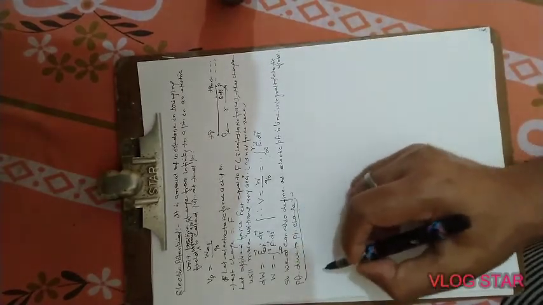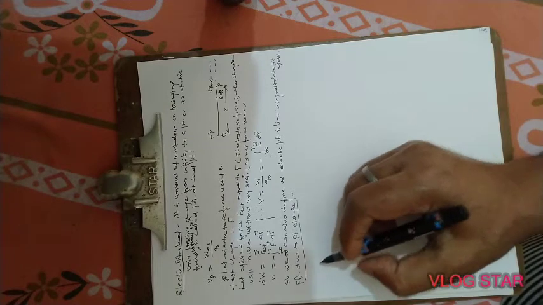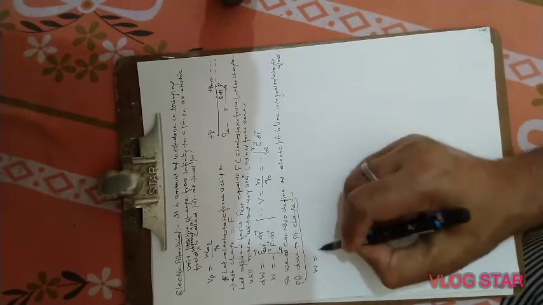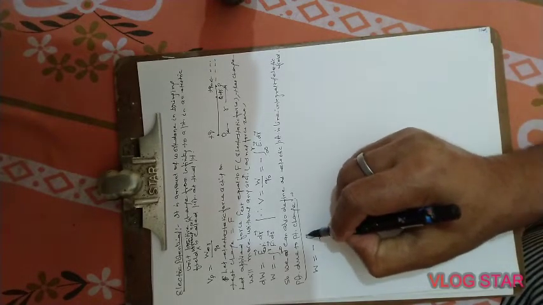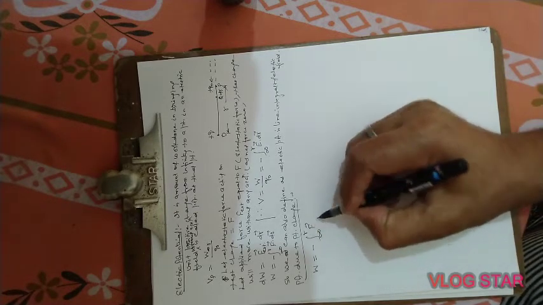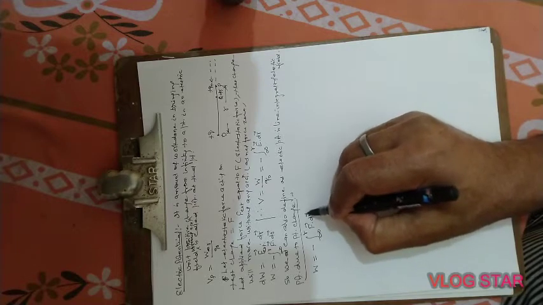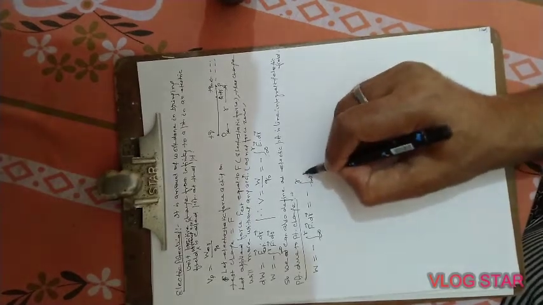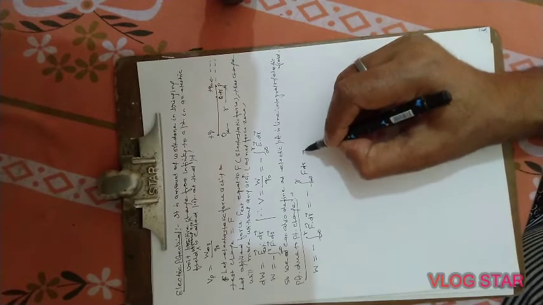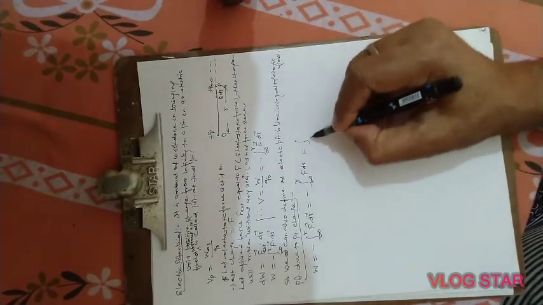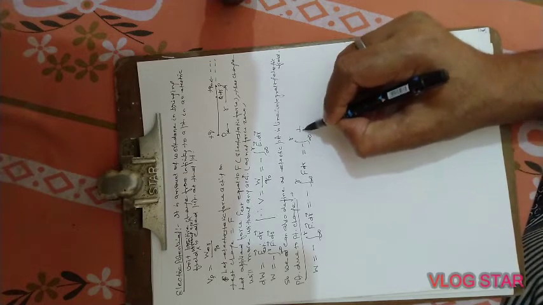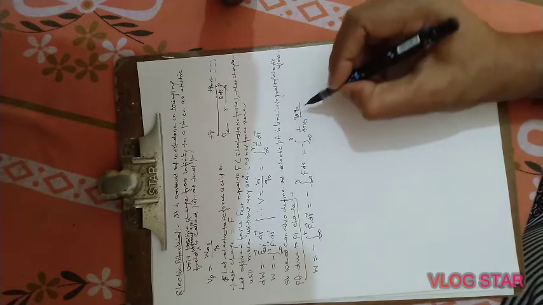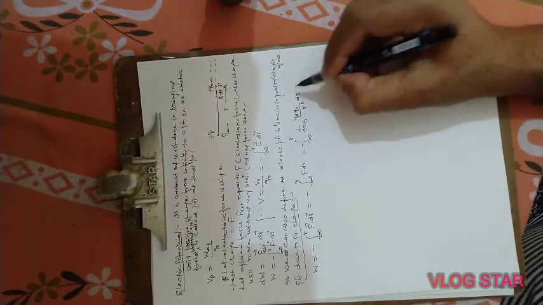Work done is minus the integral from infinity to r of F dot dr. Same direction, so this is the integral from infinity to r of F dr, equal to the integral of 1 upon 4 pi epsilon naught q q naught upon r square dr.